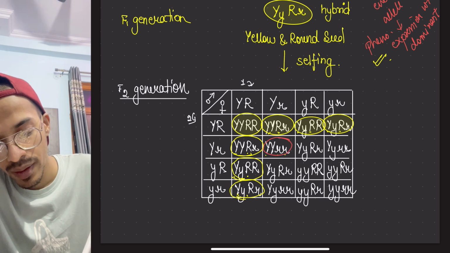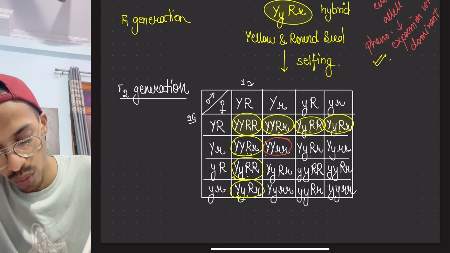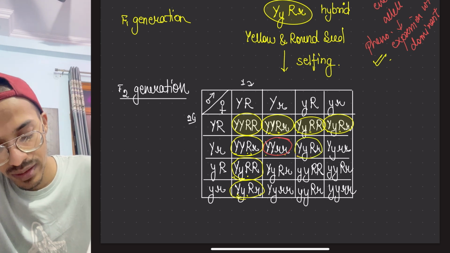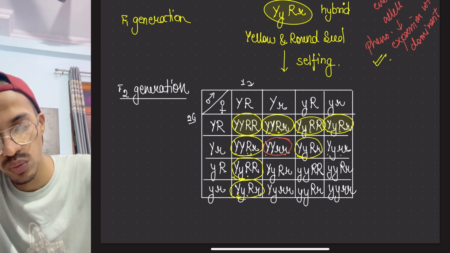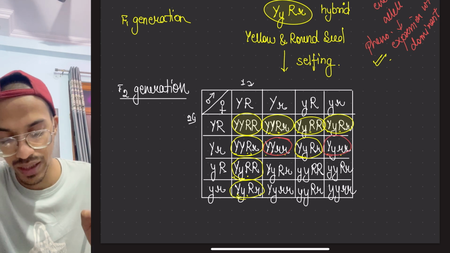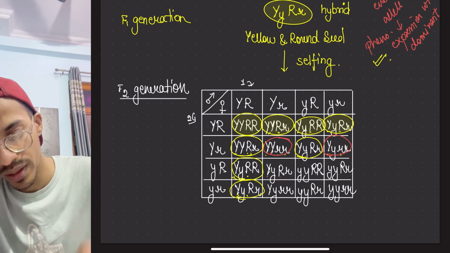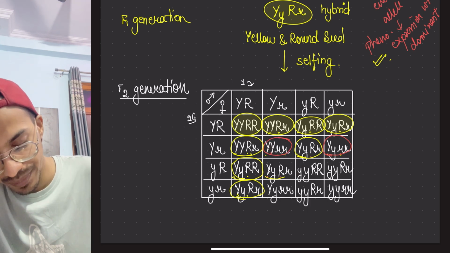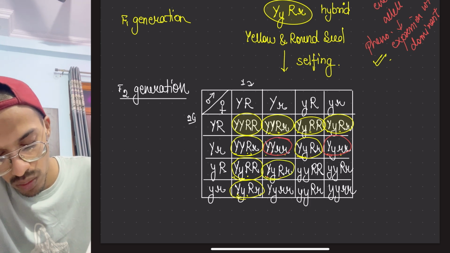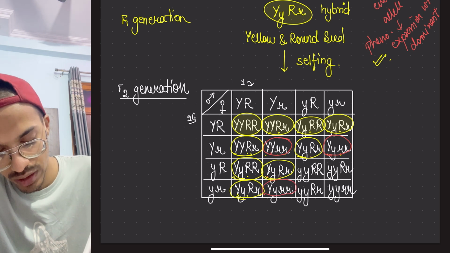This will be yellow and round. So this is again this. Then this is yellow but small, which means wrinkled. So this is again with the red one, because here also yellow wrinkled is coming. Then see here, this is yellow and this is round, so it will be round. See over here, yellow but this is small, that is wrinkled, so this will again be the same color.